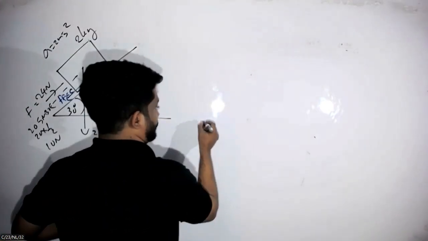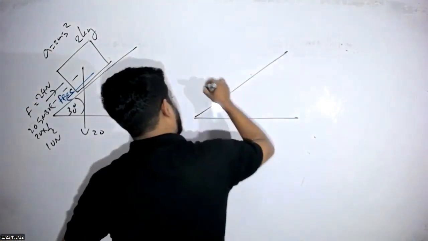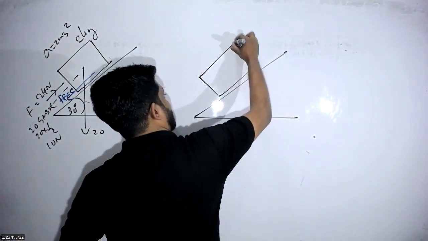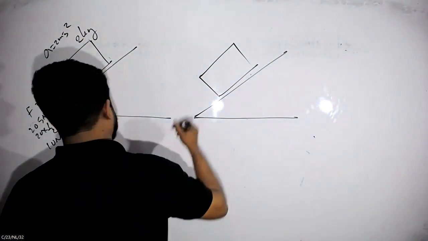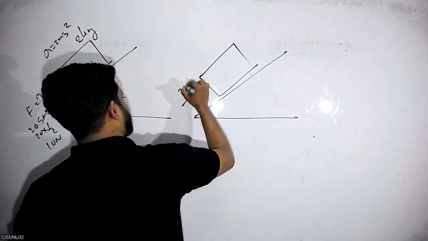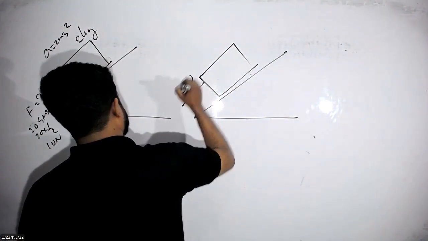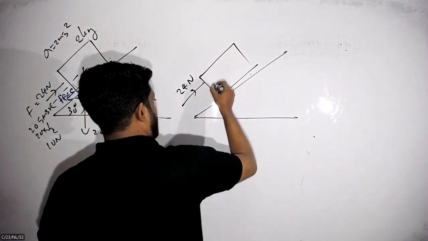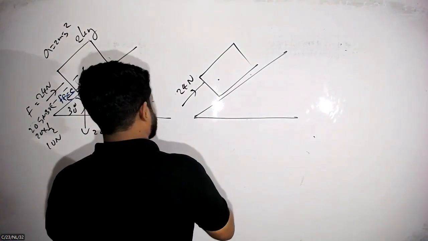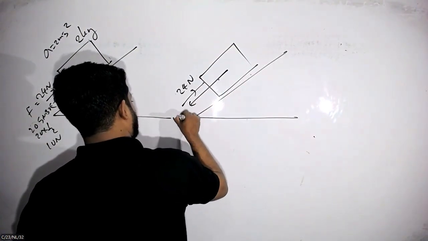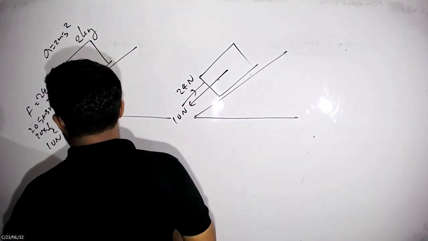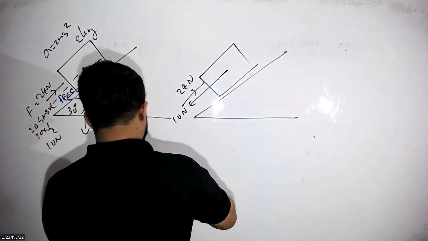These are the forces acting on the object parallel to the inclined plane. This external force 24 Newton. Component of the weight 10 Newton. Frictional force.